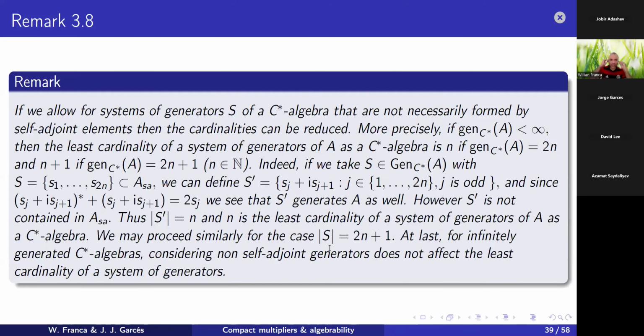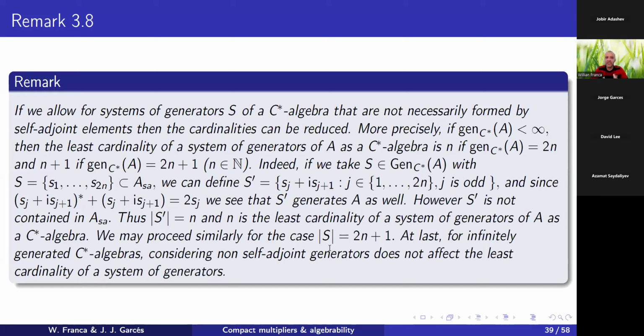Now let's move to the infamous remark 3.8. Why infamous? Because if we choose a generator set for a C-star algebra with only self-adjoint elements, we can always reduce such a set.